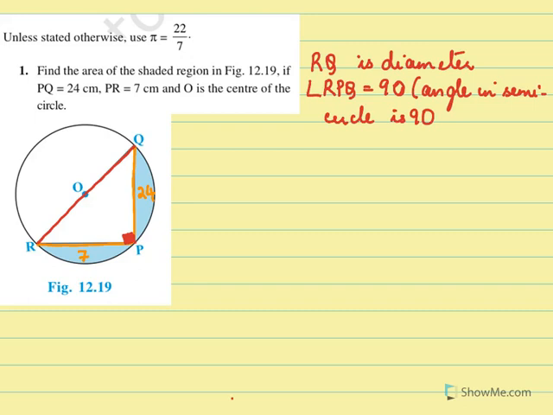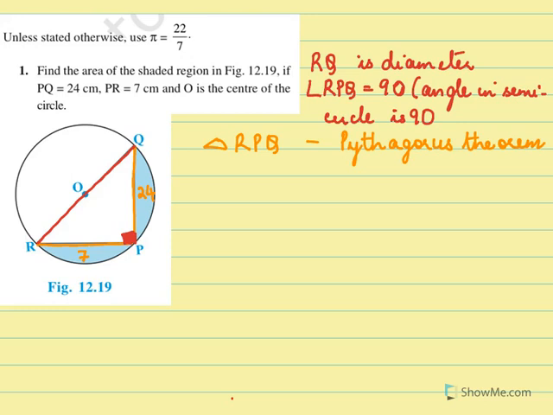Now if RPQ is 90, we can use Pythagoras theorem in the triangle RPQ. In this we have to see which is the hypotenuse.